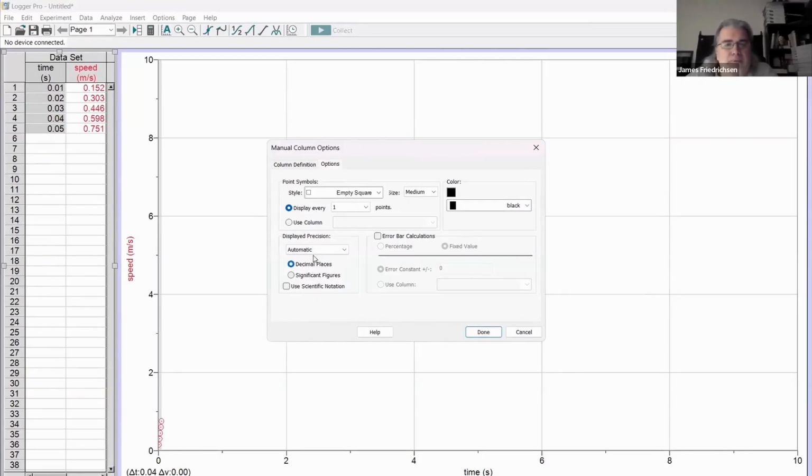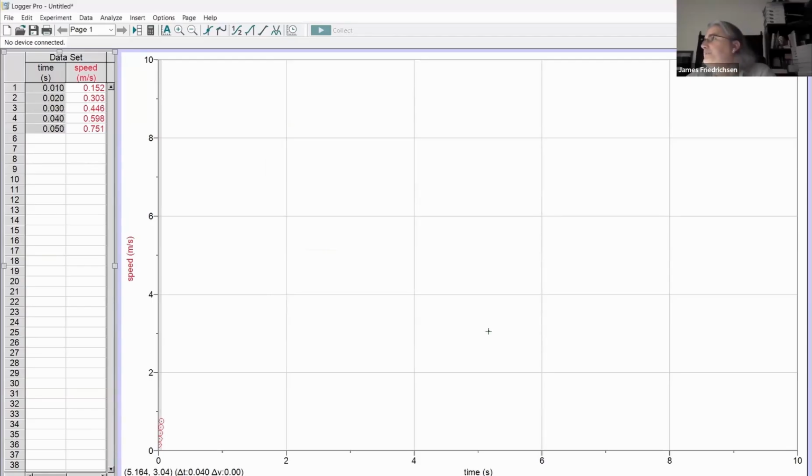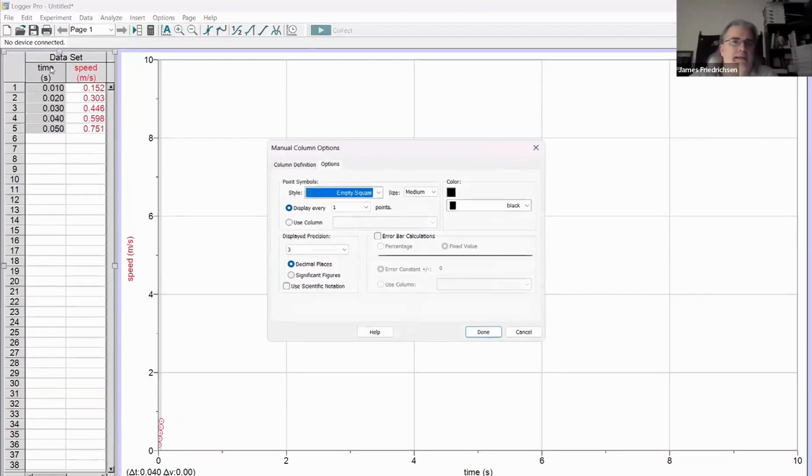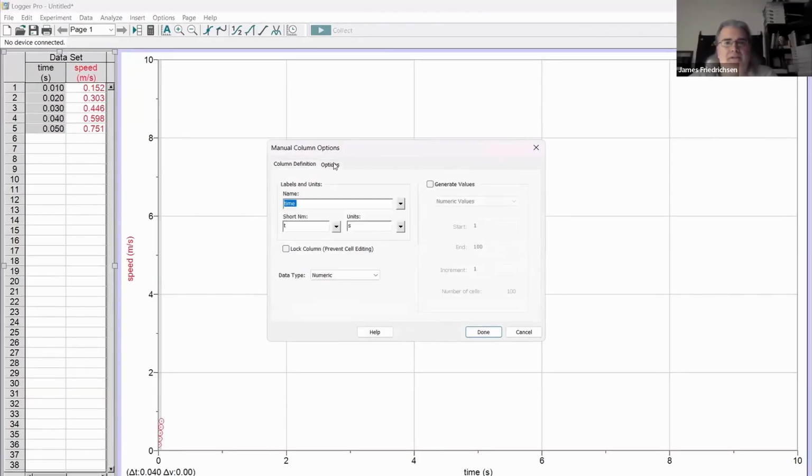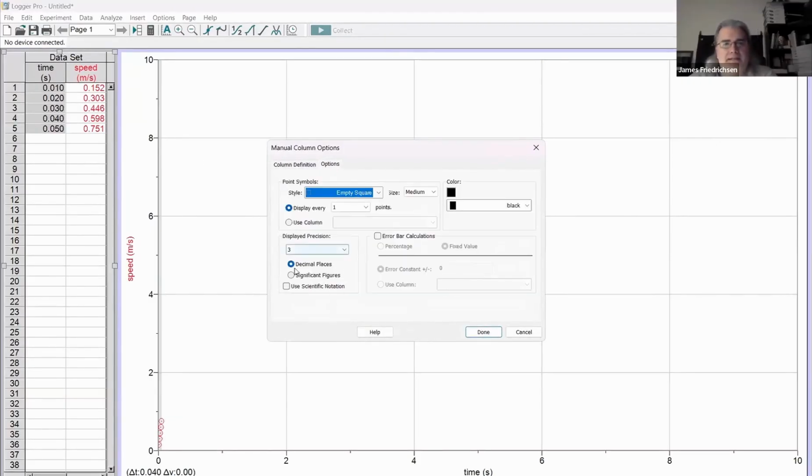We're going to do decimal places, and I'm going to force it to show 3 decimal places. And then when I do done, it shows them. So we can fix that. I don't think it was bad that they disappeared, because it's a computer. But if you want to show them, we can make it show them. And again, that's double click to get the options. Then you have to do this tab over here, and it's this piece down here under displayed precision. Okay. Not necessary, but can be done.